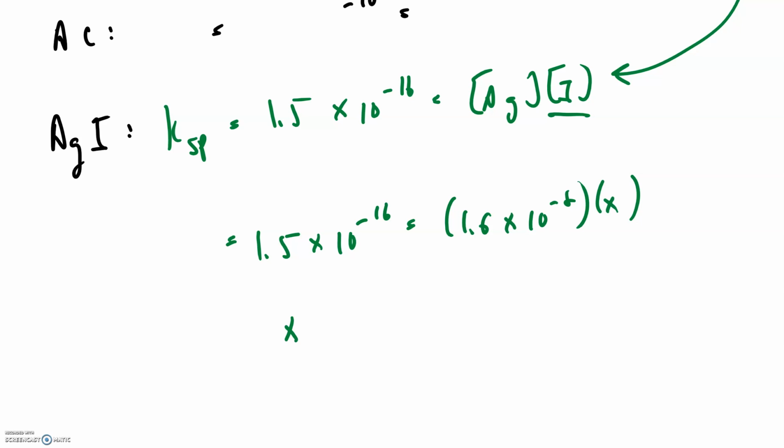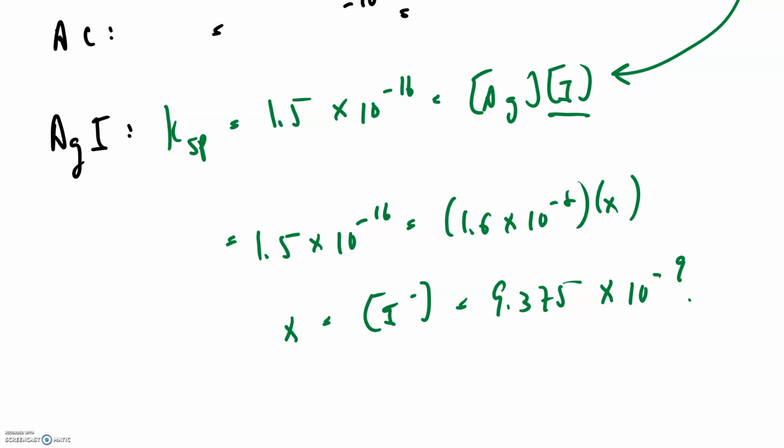So let's solve for X. Remember that we already had some in there. I get a concentration of iodine that is 1.5 times 10 to the negative 16th divided by 1.6 times 10 to the negative 8, which is 9.375 times 10 to the negative 9th. That's going to be our concentration of iodine in solution.